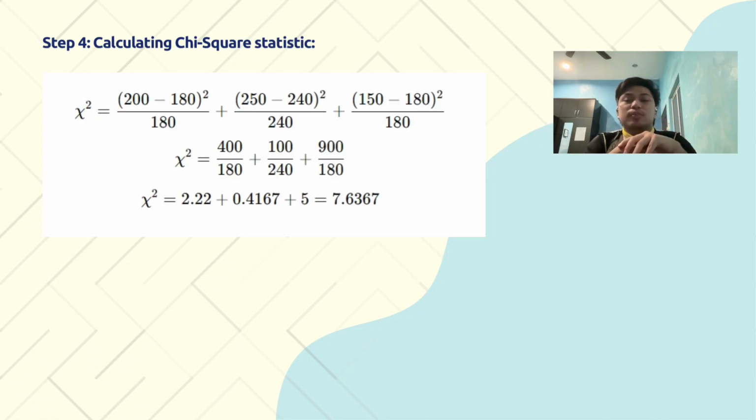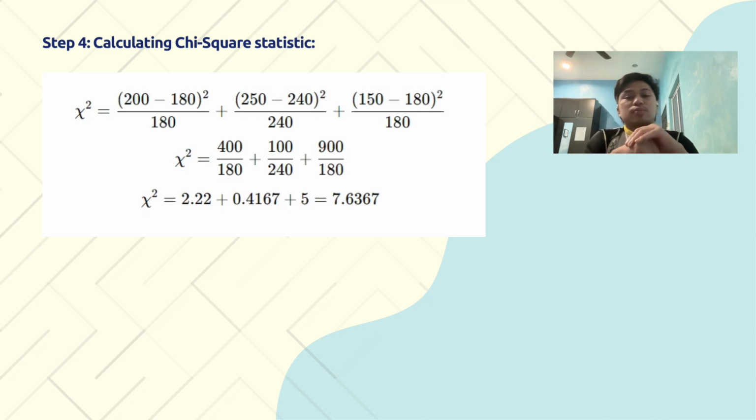First, for the group under 18, we take our observed value of 200, subtract the expected value of 180, square the result and divide it by 180.